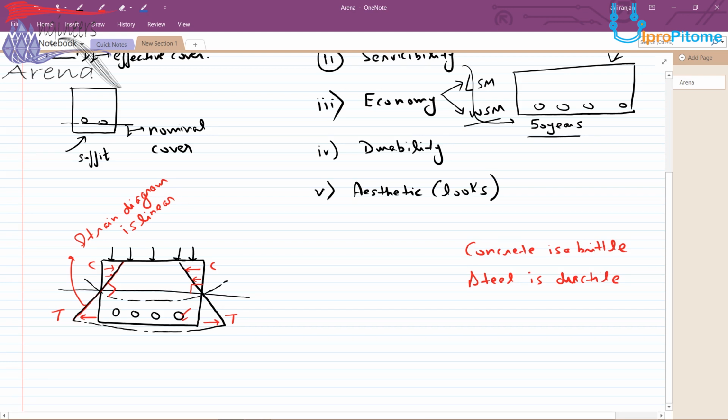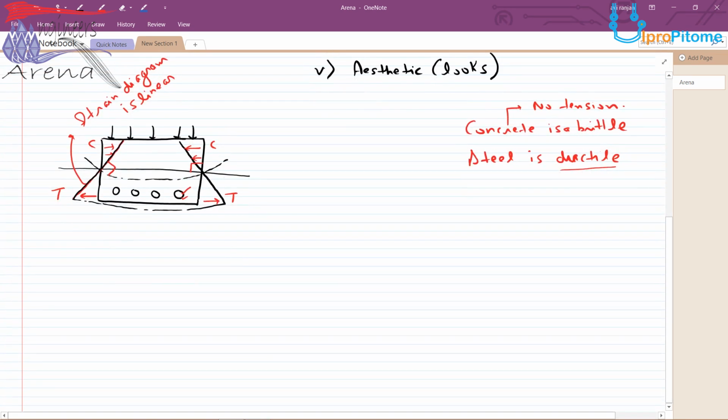So we are providing reinforcement on the tension side. You must be knowing this. And steel is ductile. We'll study both in detail, properties of concrete and steel. So you must know from here only that concrete is a brittle material which does not take tension, and steel is a ductile material which can take tension.